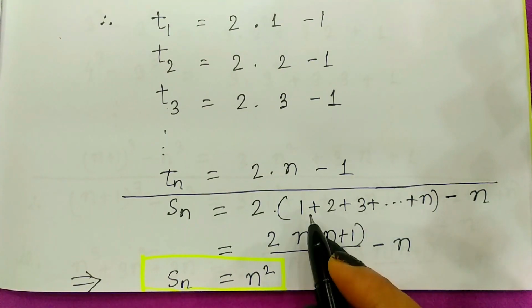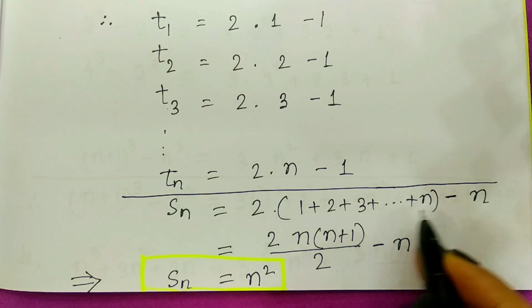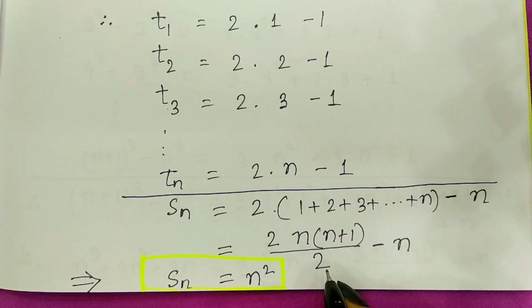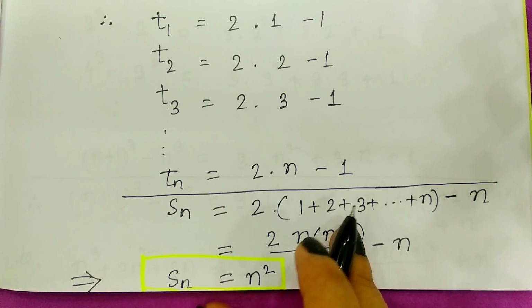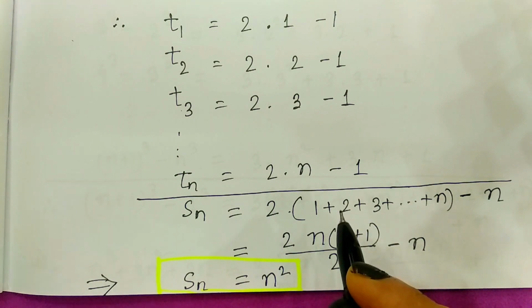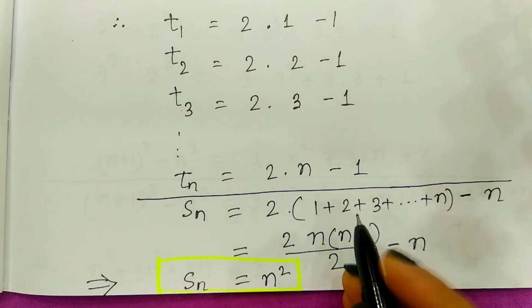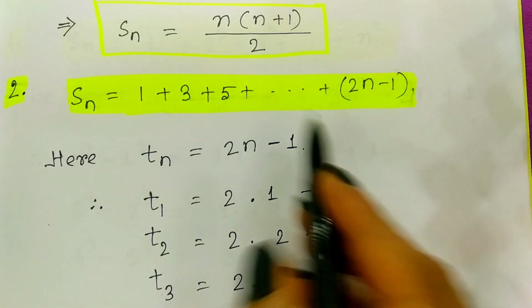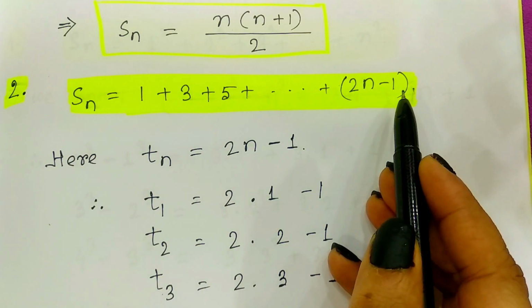Now if we simplify, we know 1 plus 2 plus 3, in this way, has the formula n into n plus 1 by 2. If we substitute that, finally we find Sn is equal to n squared. So just look here, we used the previous series as a formula and got this value. So for this series, the summation value is n squared.